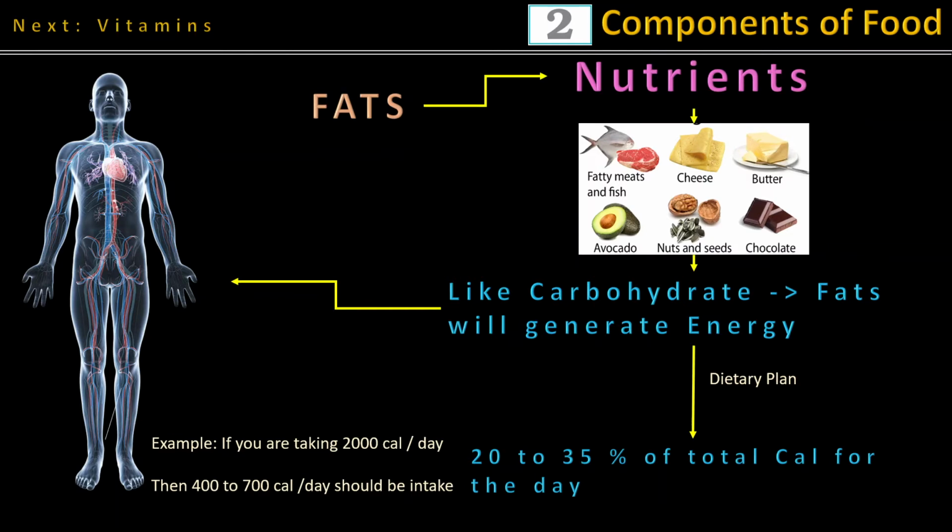So out of the 2000, 20 to 35% of the calories should be from fats. Got it? So that is the planning.